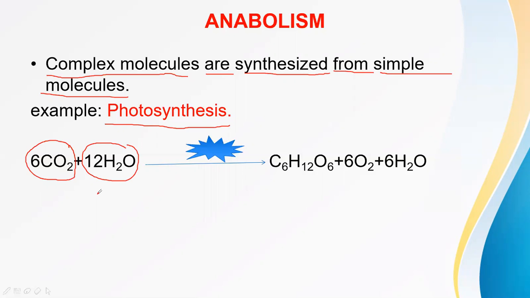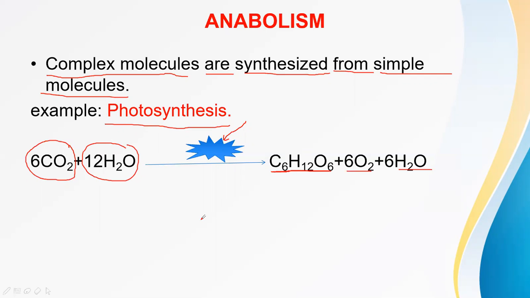Using these simple molecules, the plant gets energy from the sunlight. By using this sunlight energy, they produce glucose molecules. This glucose molecule is a complex molecule. At the same time, they produce some byproducts, that is oxygen and water also.